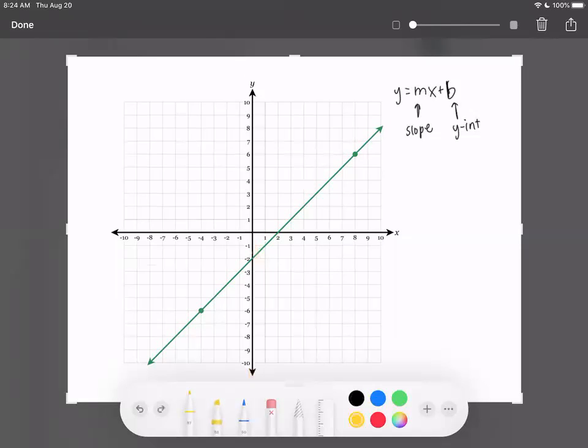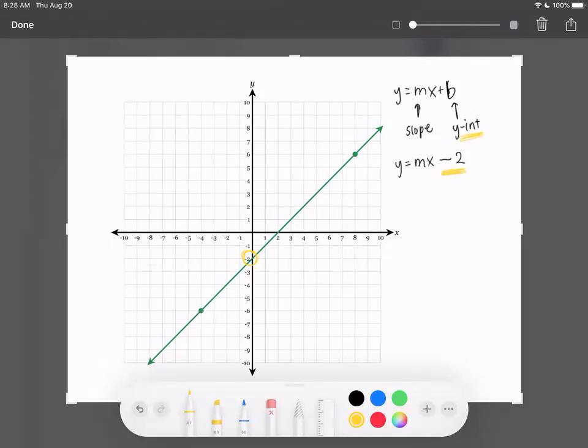Because I know you have a different example. -2, good. Yes, somebody typed it in the chat, so I just read it out loud just in case you didn't see it. So y is equal to mx and then plus a -2, so I'm going to write -2, just because when you add a negative, it's really just you're subtracting it. So we found our y-intercept.